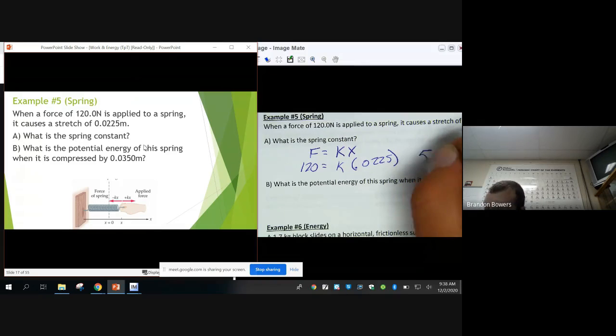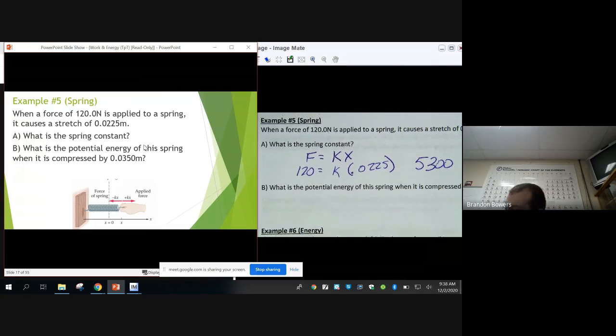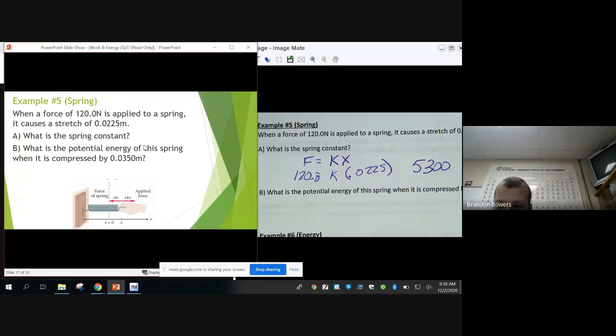When you divide, my answer, I got 2 sig figs, so it's 5,300. But it's 120.0, so technically it's 3 sig figs.